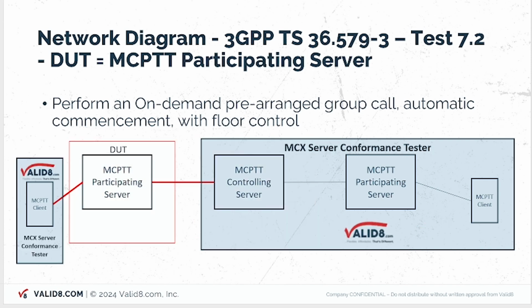Now, for a participating server, when you're trying to test the same kind of feature, the prearranged group call, in this case, the Valid8 MCX server conformance tester would be acting as an MCPTT client as well as a controlling server, and a client on the other end to receive the call. Or maybe it's initiating the call, depending on the test.